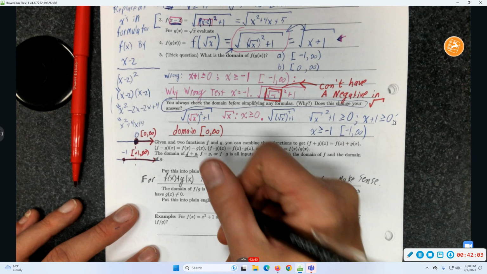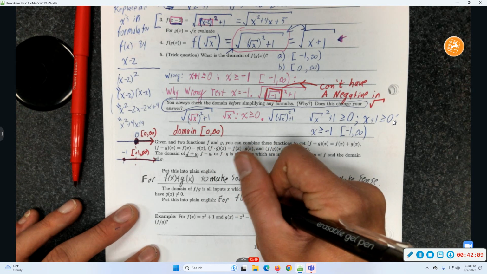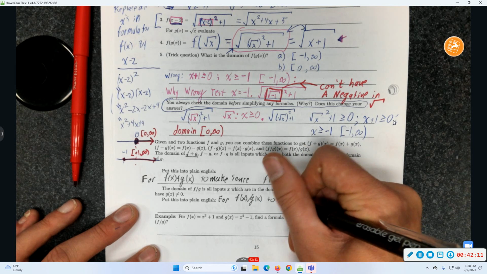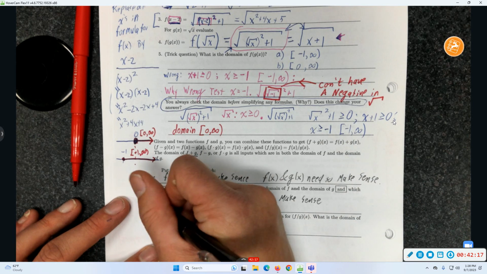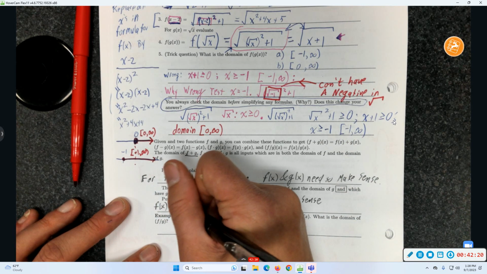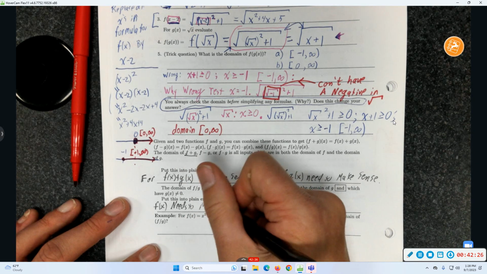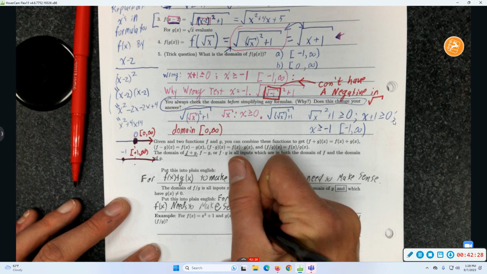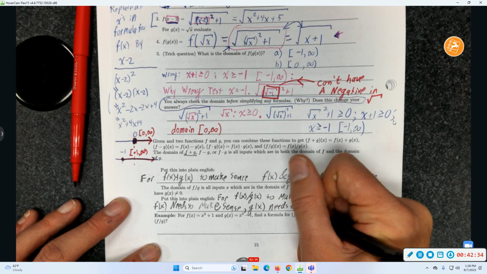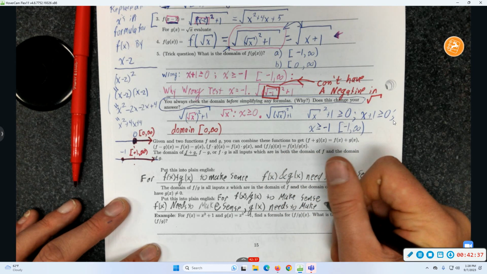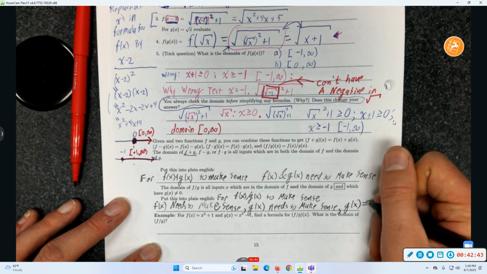So in plain English, for f of x divided by g of x to make sense, f of x needs to make sense, g of x needs to make sense, and g of x had better not be 0.